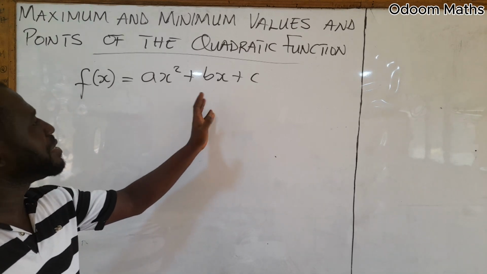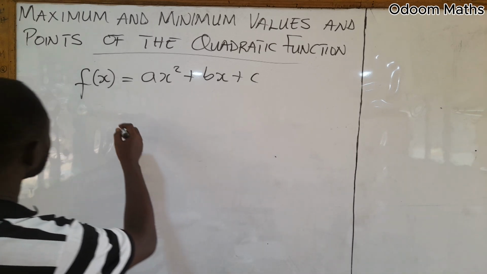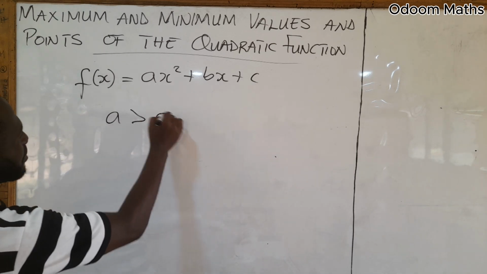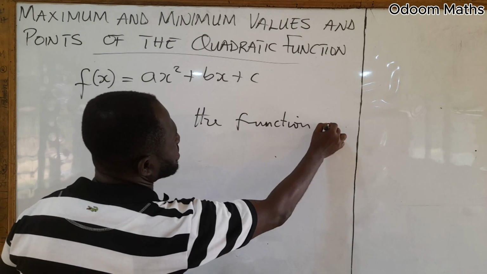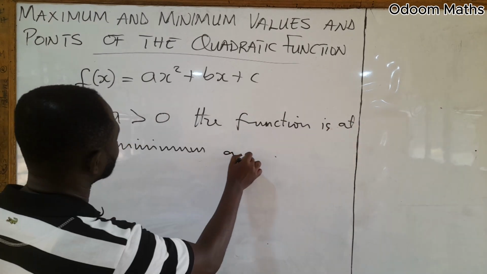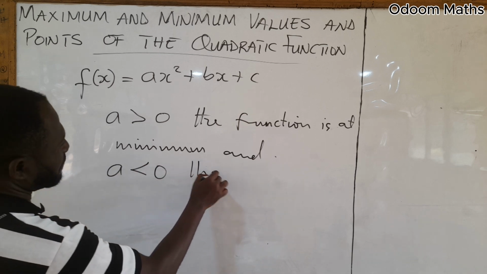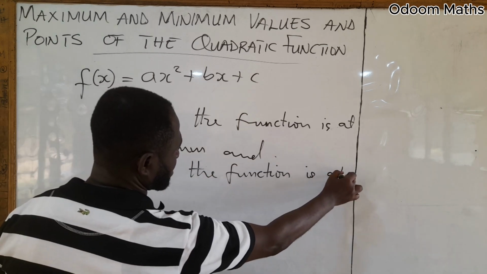To determine the minimum or maximum of this, if this function has a greater than 0, then the function is at minimum. And when a is less than 0, then the function is at maximum.